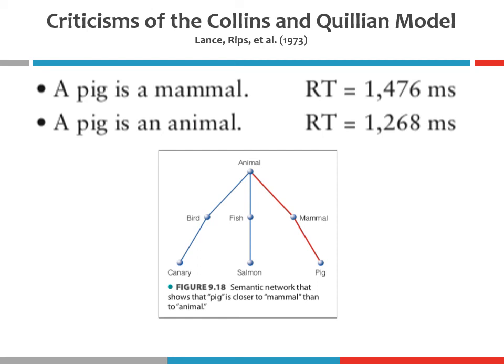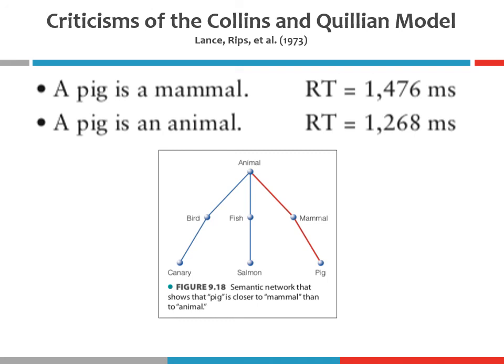So we have bird, canary, bird, ostrich, bird, sparrow, etc. In terms of where those nodes are located in the network, they are equidistant to each other. This theory of the semantic activation model imagines that we're traveling in real time through this network. So if the nodes are the same distance away, then the reaction time should be the same, right? But they're not. People are much faster to say a canary is a bird than an ostrich is a bird, right? So this particular model doesn't explain that very well.